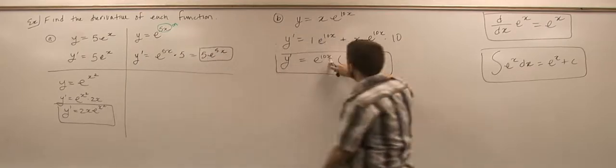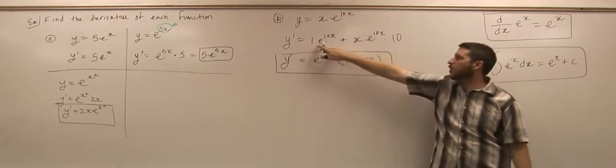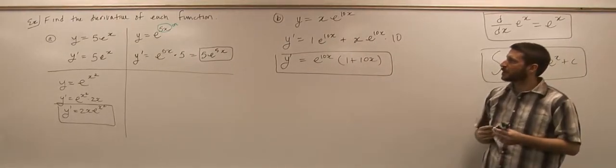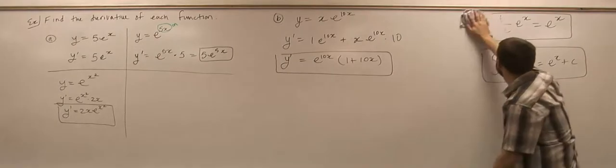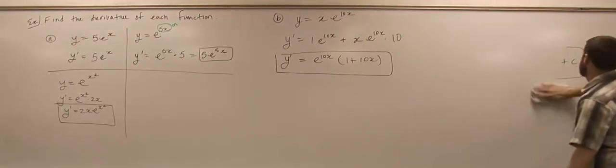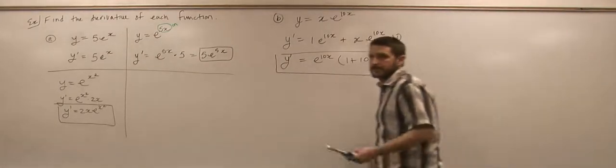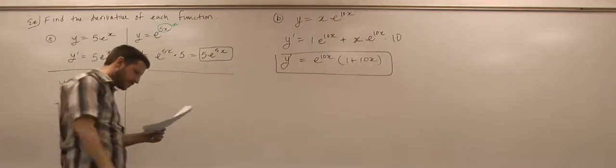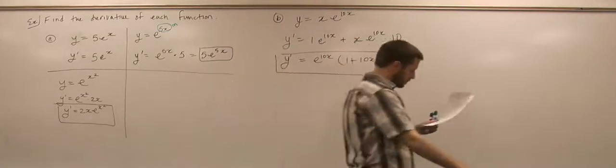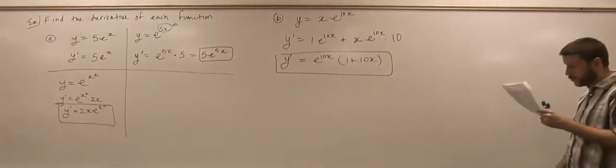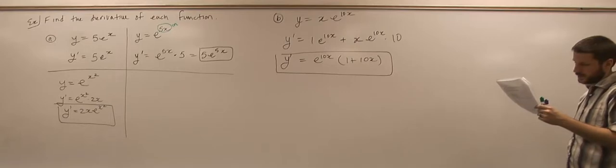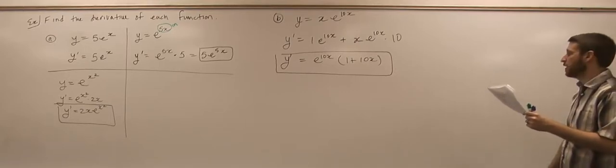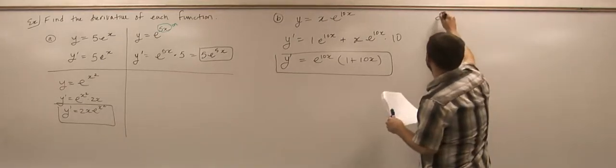Right, e to the 10x pops out front, and then you have 1 left here, you have 10x left here. I guess it's not really interesting.